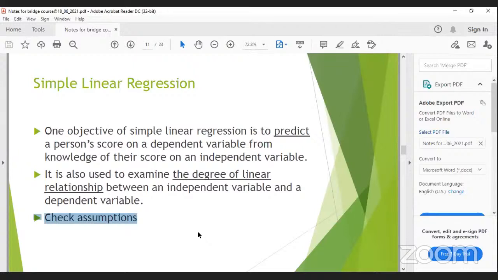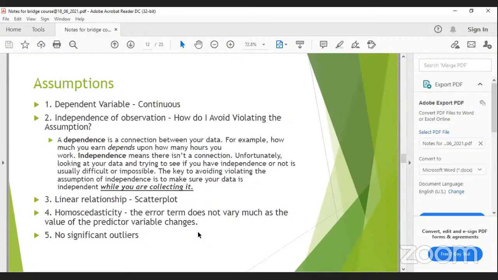The very important assumption: your dependent variable is continuous. I have already explained, your dependent variable has to be continuous. It is a very important assumption. And independence of observation.